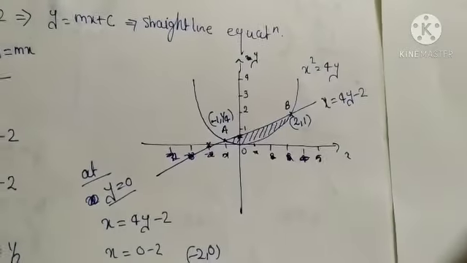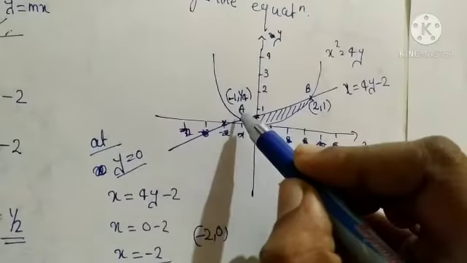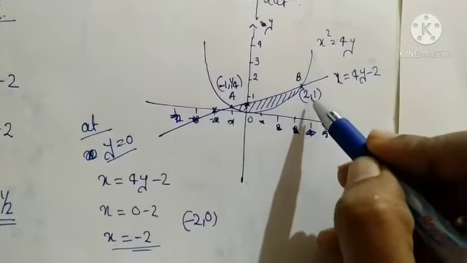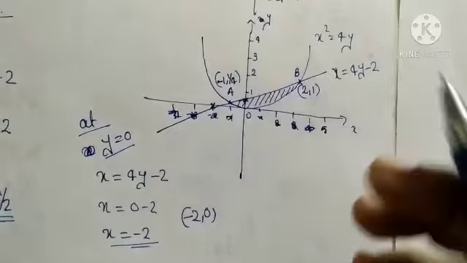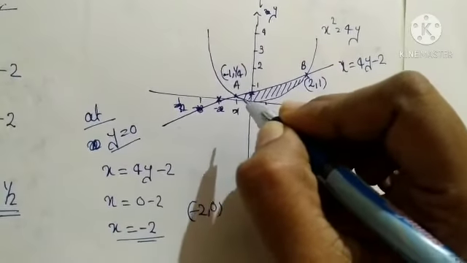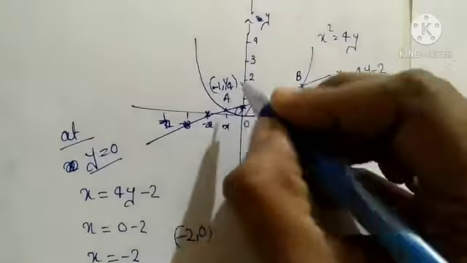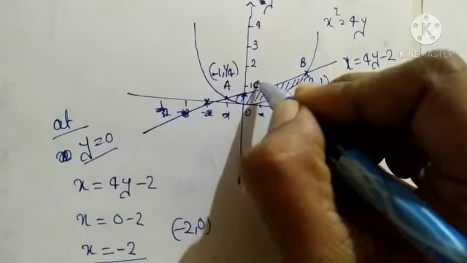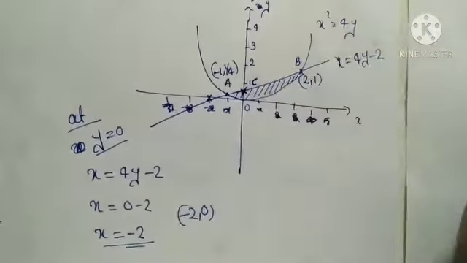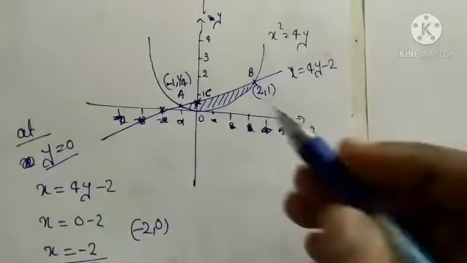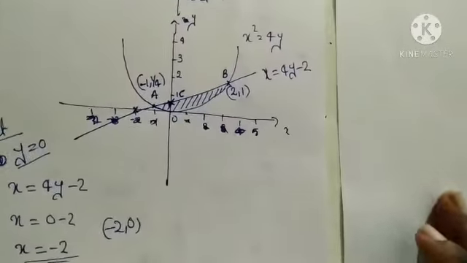Okay, so here we get 2 points, A equal to minus 1 comma 1 by 4 and B equal to 2 comma 1. So next let us name this point as C. So the area of the required region, I'm going to split into two.